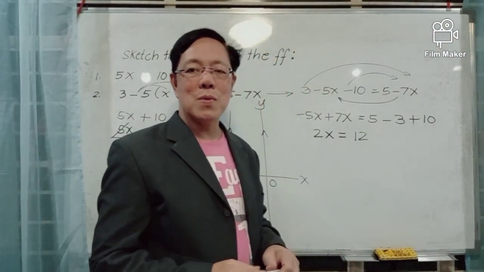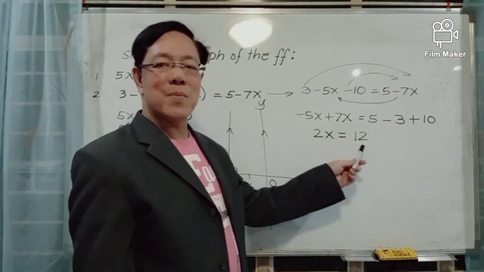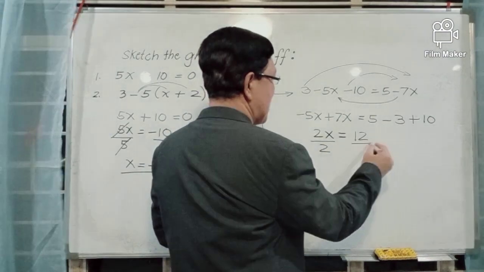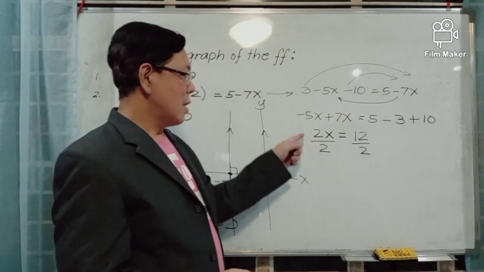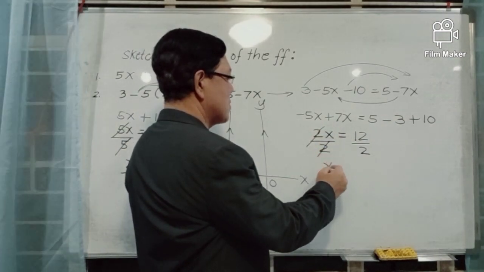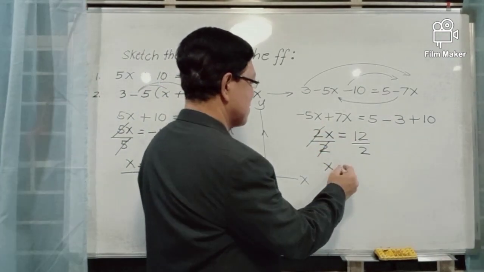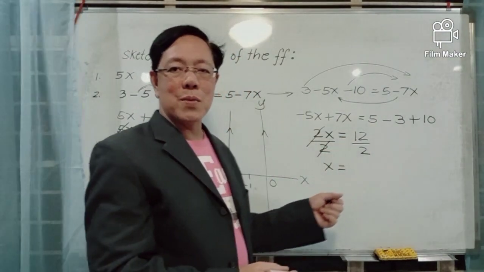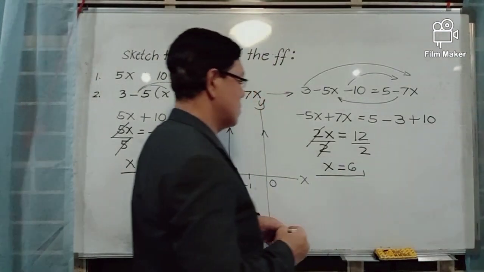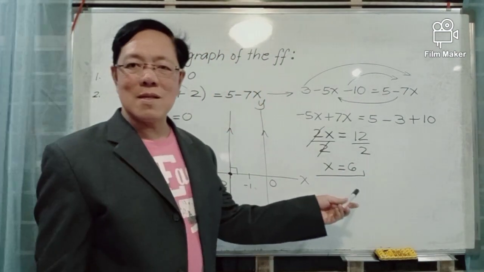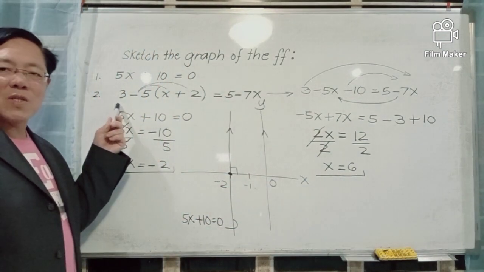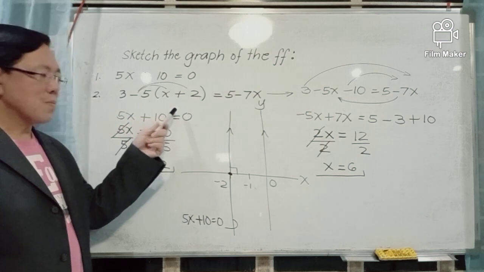And finally, to solve for x, we divide both sides of the equation by 2. Divide the left and the right side by 2. And 2 will cancel out from the left side. That leaves us with x equals 12 divided by 2 is 6. x equals 6 is the solution of the linear equation in x given in number 2.